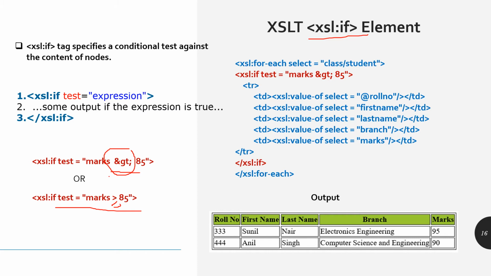Okay, now the condition is like this: marks greater than 85, and this value will be displayed here. Now the output, if you see, only 2 students are here. Okay, this is about this.